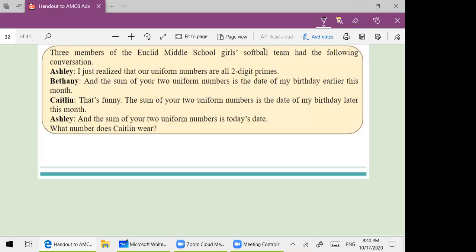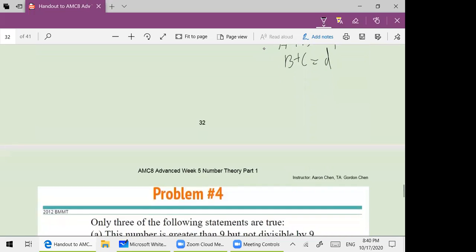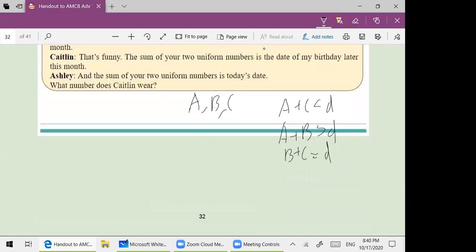Okay, so let the numbers on the uniforms be A, B, and C. So you have that A plus C is less than D, where D is the date, and A plus B greater than D, and B plus C equals D. So now all of these sums are less than or equal to 31.